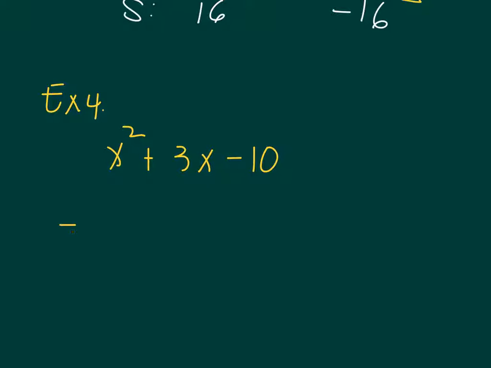So we can already prepare the factored form, two binomials. Again, the first terms will come from x squared, so x times x is x squared. Then we just have to find the right combination for the 10 with the guide of 3. So negative 10, you carry the sign.